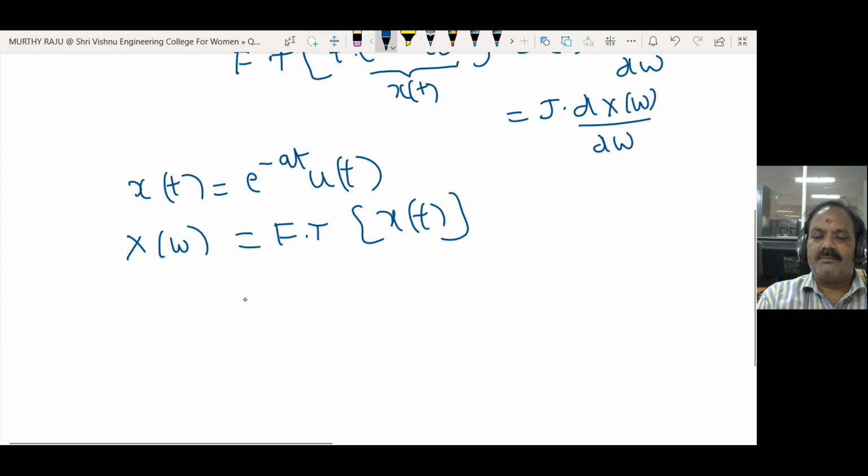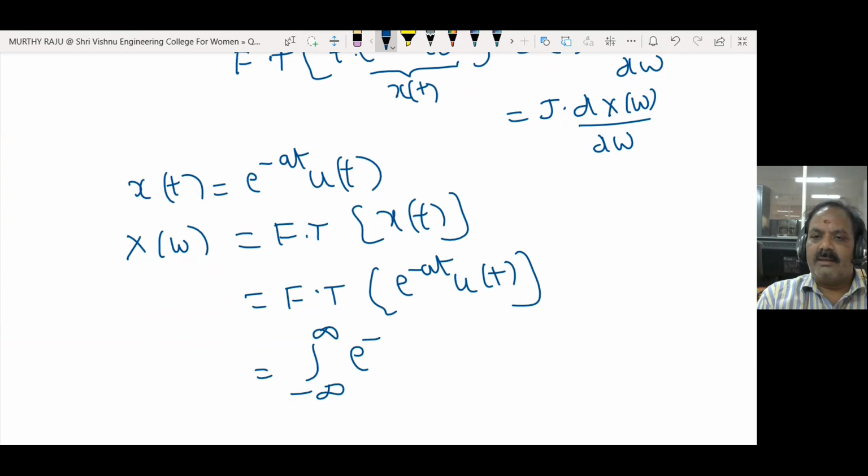That is equal to the Fourier transform of x of t, e power minus at u of t, integral from minus infinity to plus infinity of e power minus at u of t e power minus j omega t dt.